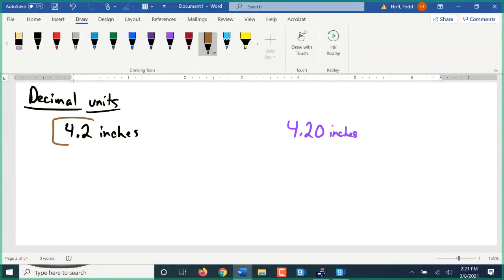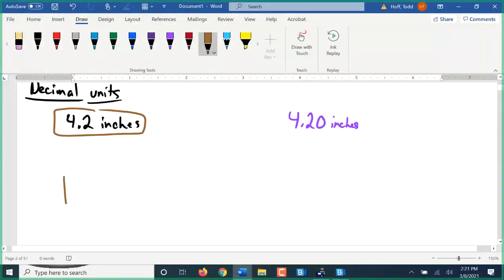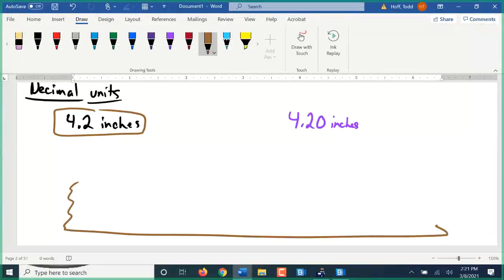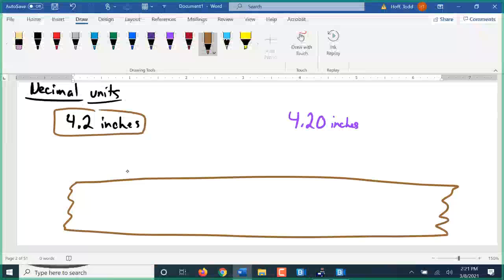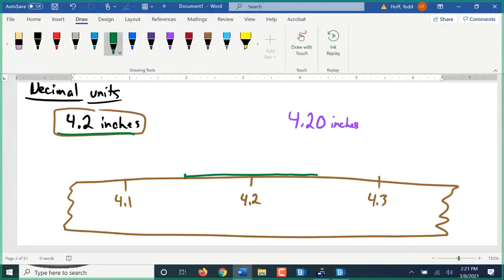This 4.2 inches is implying that we had a measuring device that was only capable of measuring to the nearest tenth of an inch. And whatever it is we were measuring, closest to 4.2, so it's somewhere in this range here.